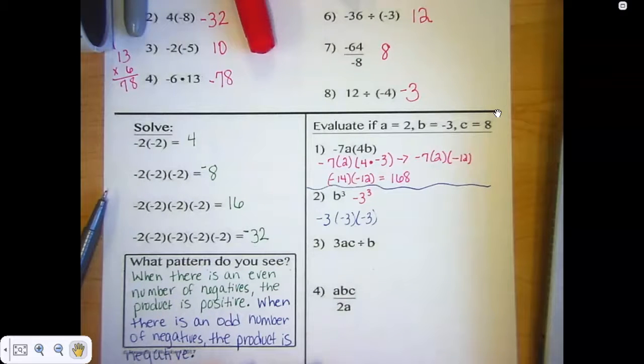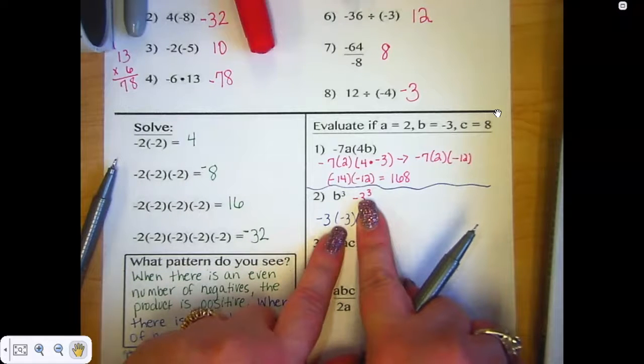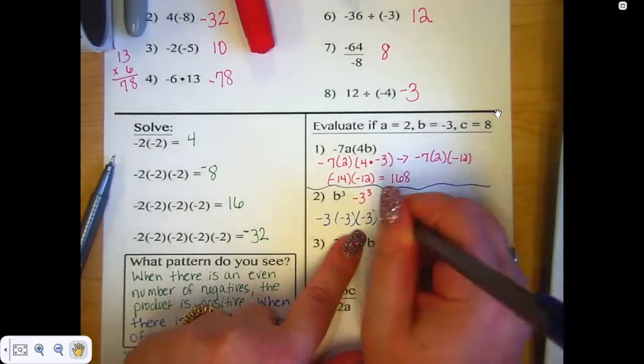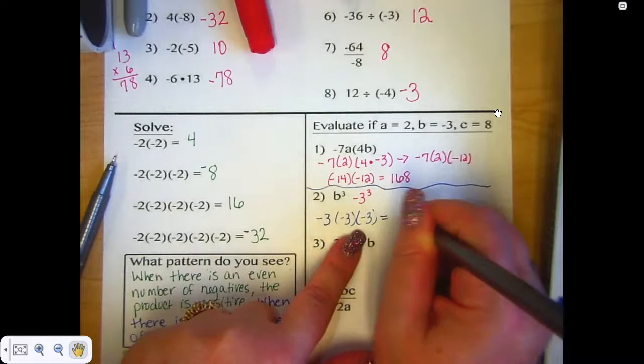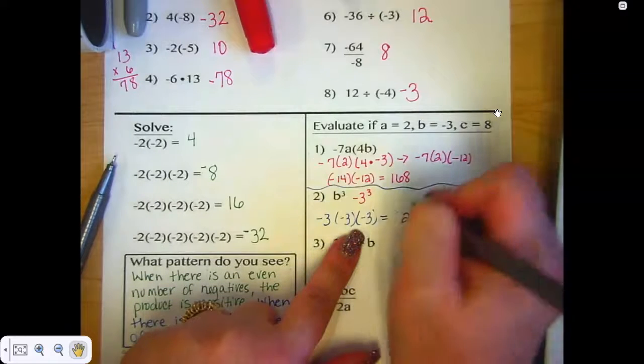So negative 3 times negative 3 is a positive 9. Positive 9 times negative 3. Well, 9 times 3 is 27, and a positive times a negative is a negative.